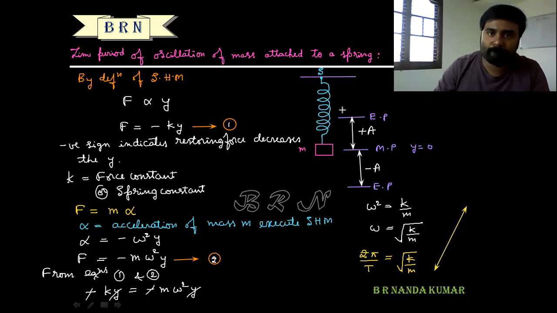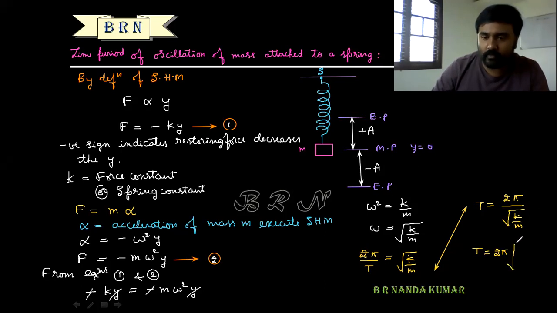Then T is equal to 2 pi divided by square root of k by m. So finally T is equal to 2 pi root m by k, as the denominator is shifted to the numerator.